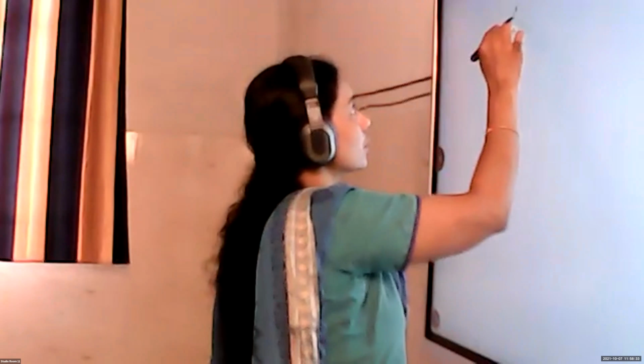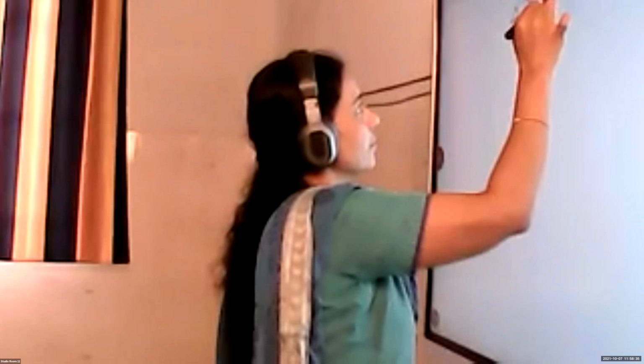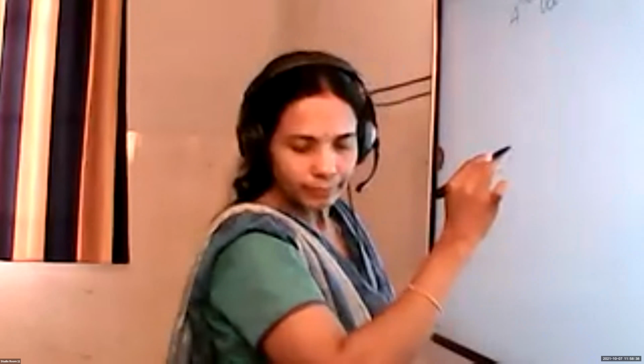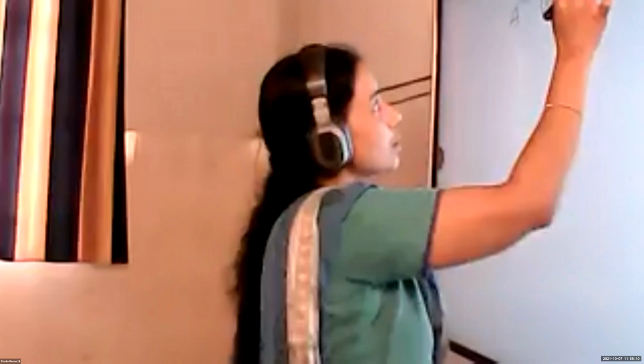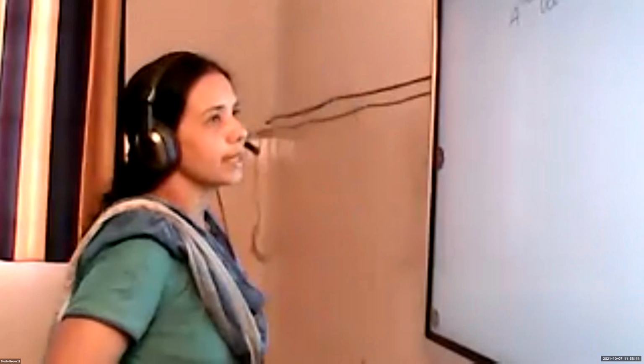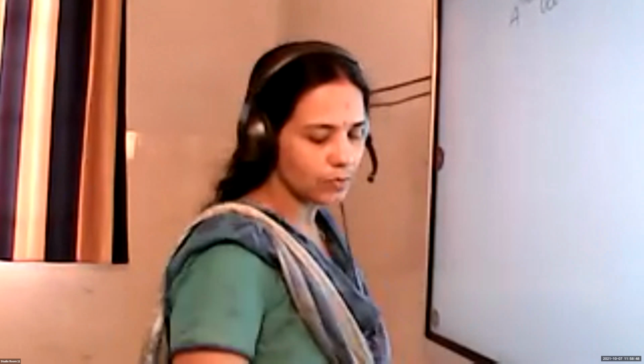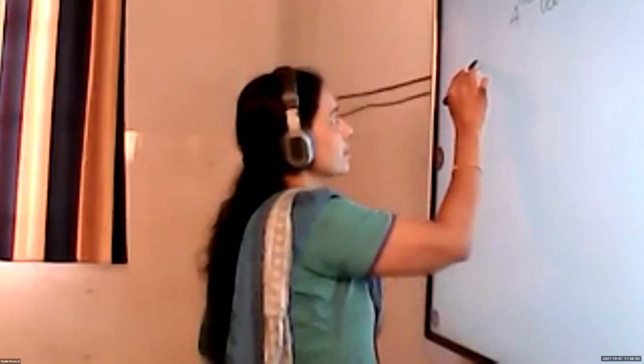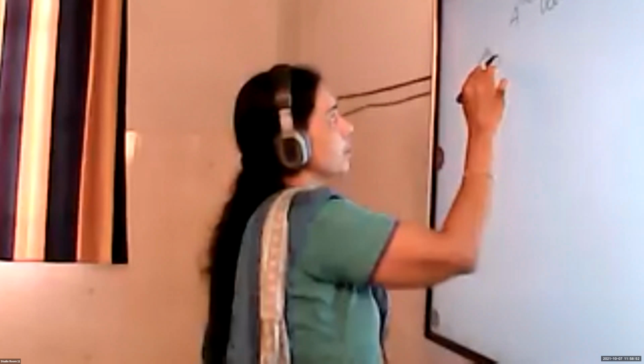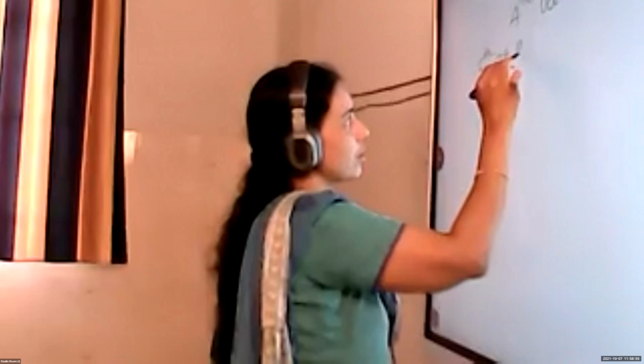The date is given as 4th October 1986. 4th October 1986 was Saturday. Then what would be the day on 10th April 1991? For that, we started from the next day, 5th October. The next day onwards, you have to count.